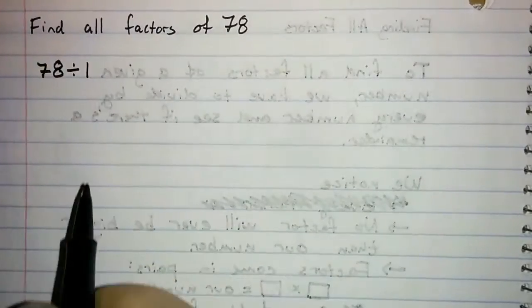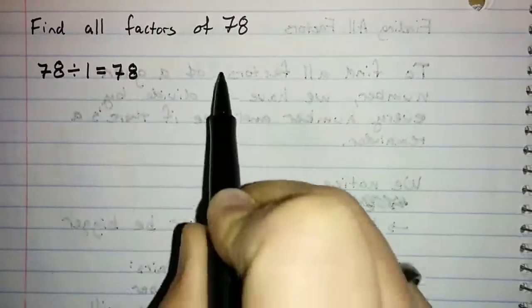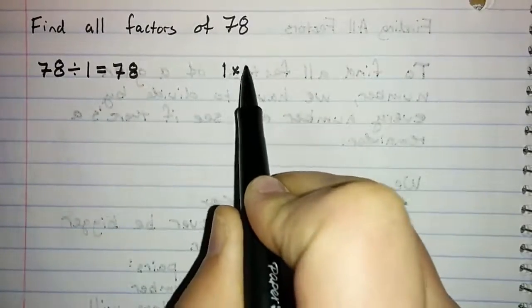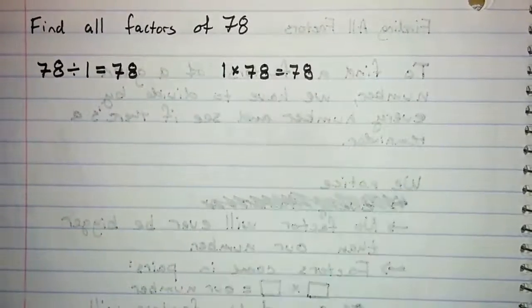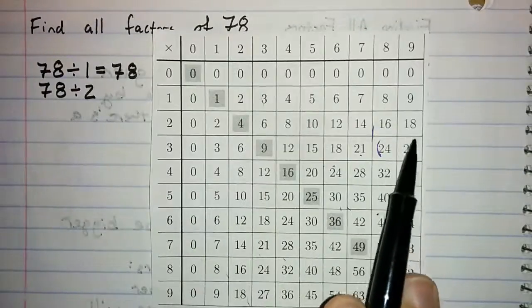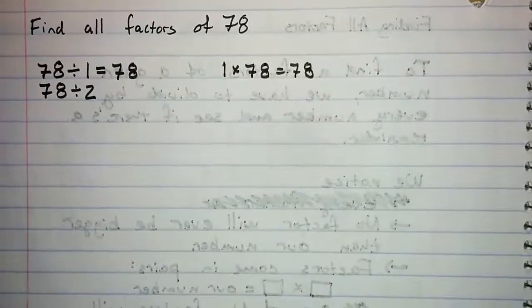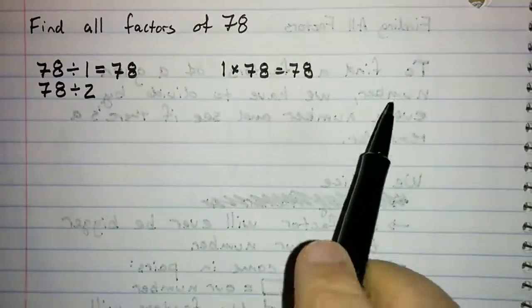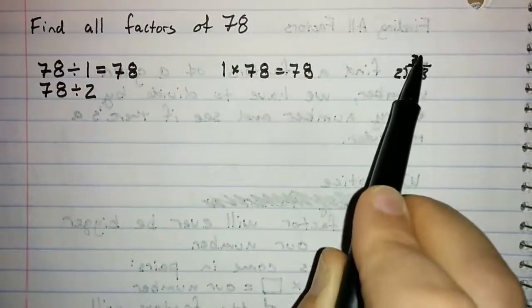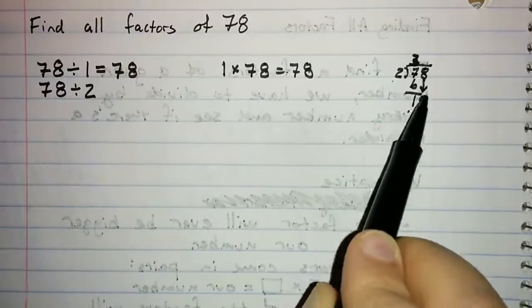Alright, 78 divided by 1 is easy. That's 78. So 1 times 78 is one pair of factors. 78 divided by 2: 78 is bigger than the biggest thing in the 2 row of my multiplication table, so I'll do that division. 2 goes into 7 3 times. 3 times 2 is 6. 7 minus 6 is 1.